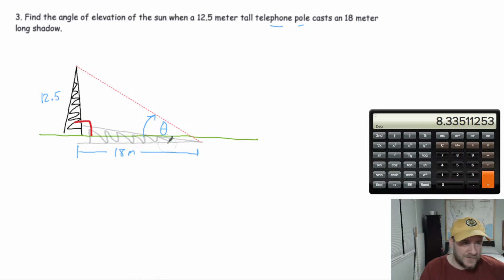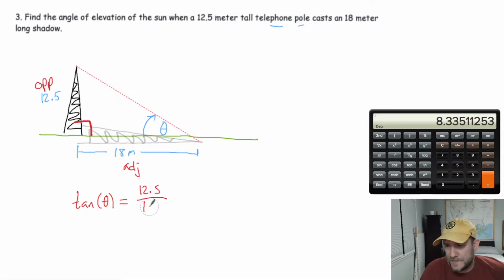Now that you've got your picture drawn, the rest should be cake, because we can see that 12.5 is opposite from us, and the 18 is adjacent to us. So we're writing a tangent equation. It's going to be the 12.5 in the numerator divided by 18 in the denominator. So how do I evaluate this?